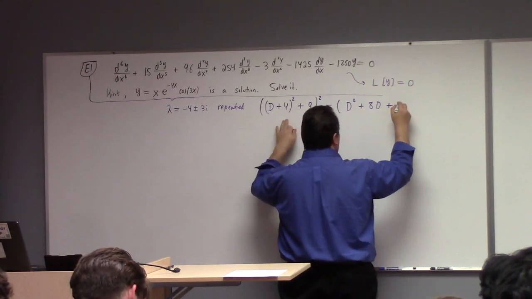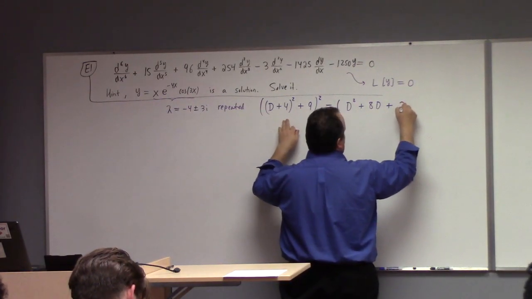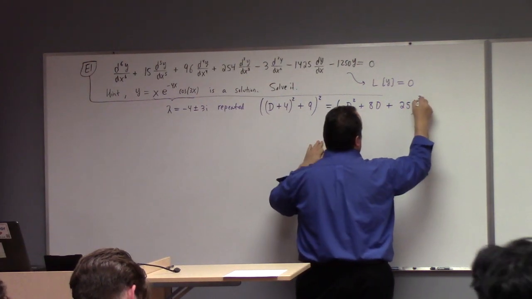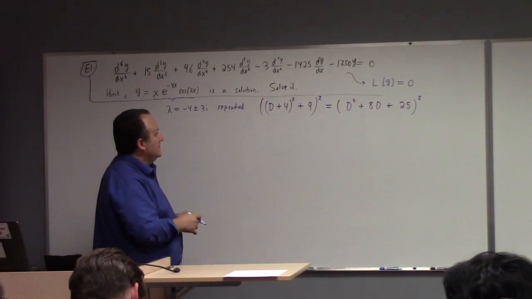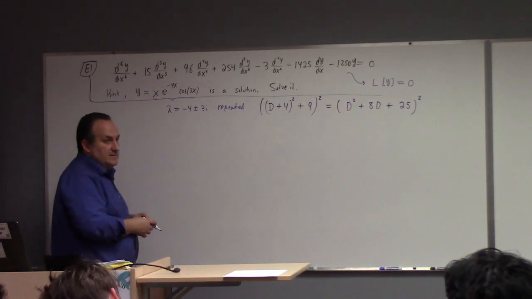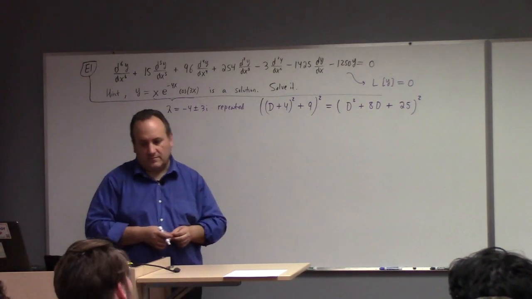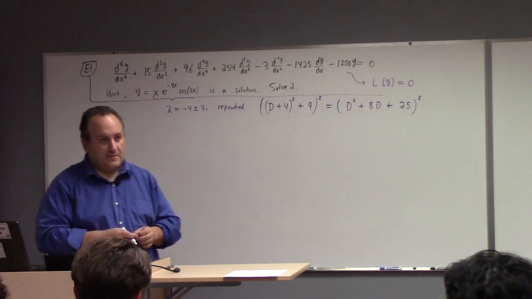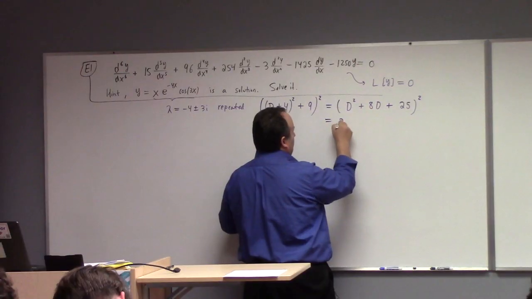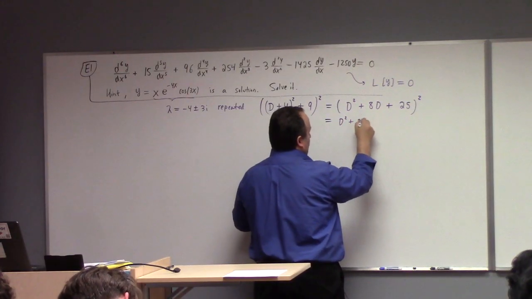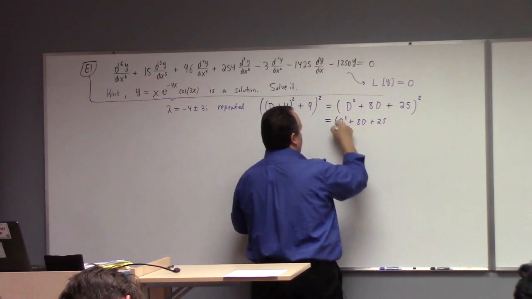Is that 25? Yeah, 25. But I got to square that thing, right? It's actually a quartic operator that we're gifted. This hint is huge. It gives you a lot of the L. But I have to multiply this out, right? So, all right, great, we can do that. That's just algebra.